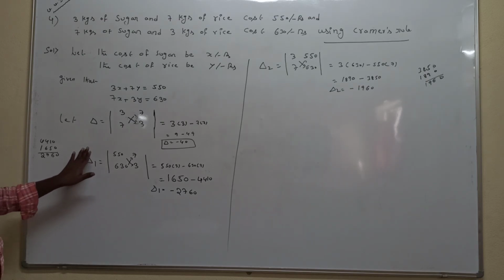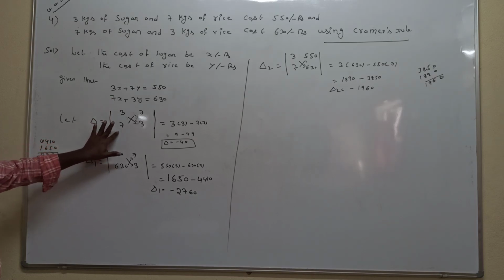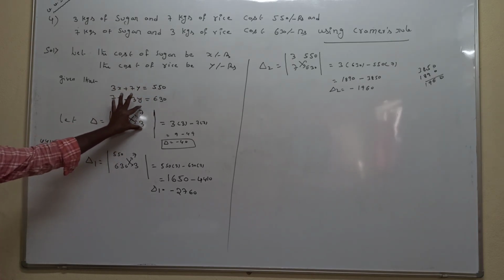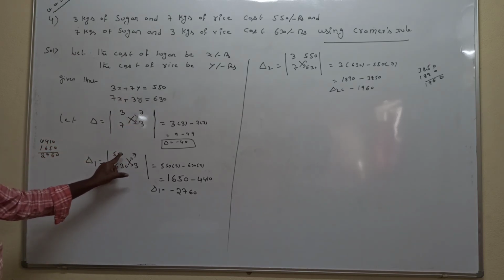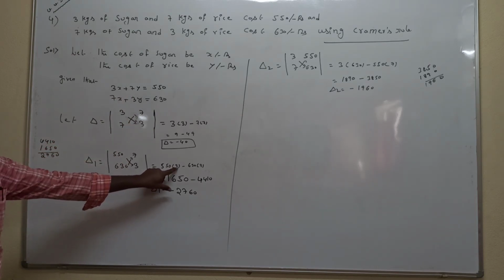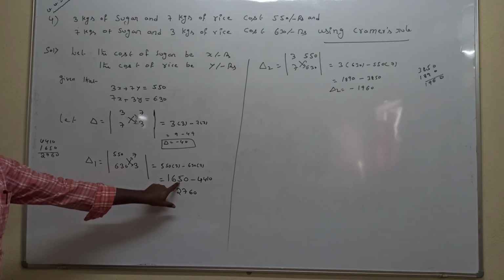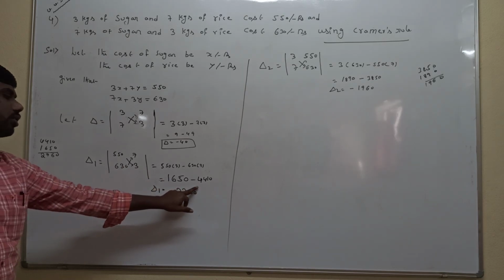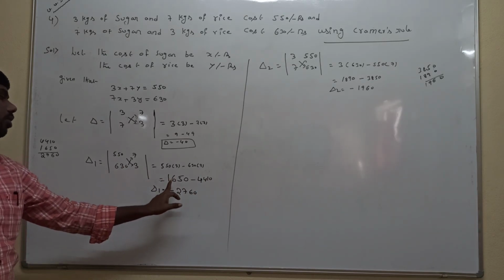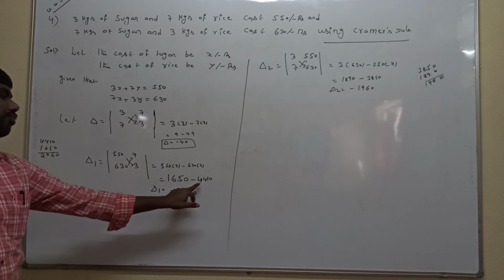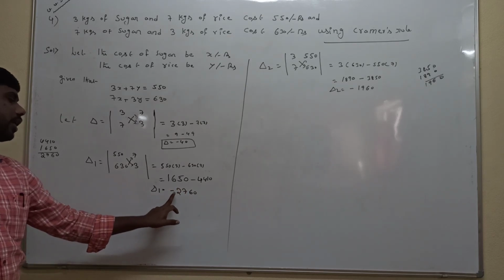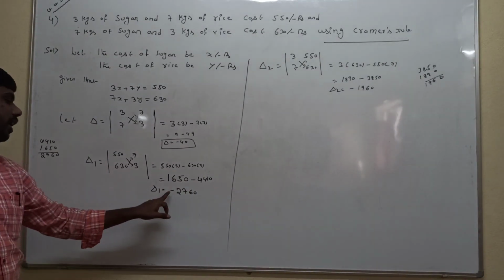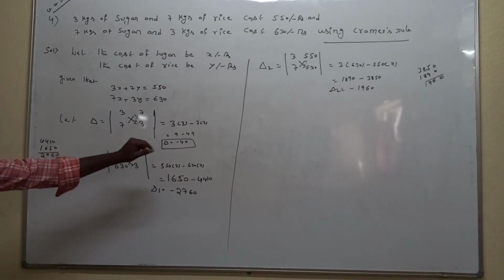Delta 1, from the delta value, first column replaced by C1, C2 values 550, 630, second column as is. After cross multiplication, 550 into 3 is 1650 minus 7 into 630 is 4410. So 1650 minus 4410 is negative 2760, because the highest value symbol is negative.